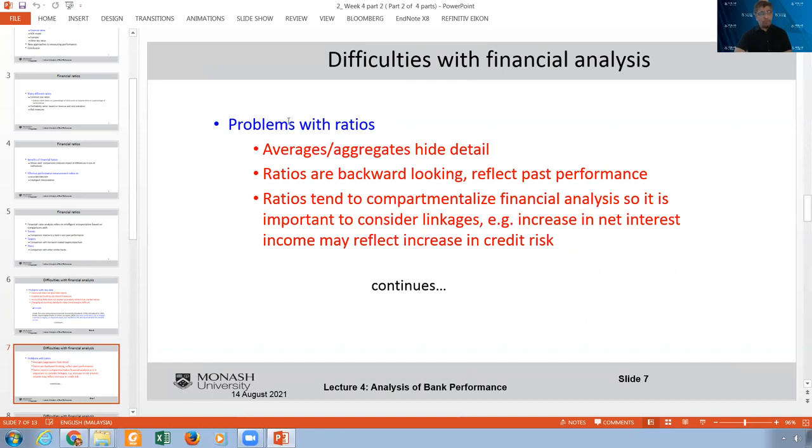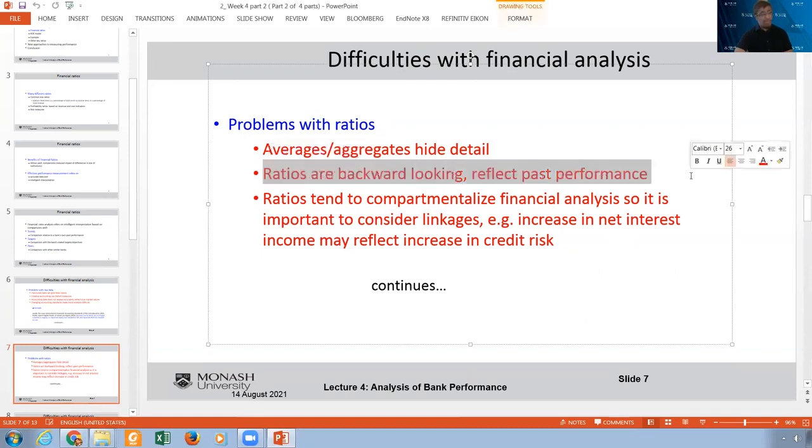Now, we have also another problem with ratios. We have the averaging. It can hide details. And one very obvious thing which we don't look at, actually, when we make the ratio analysis, we are not interested in looking at the history. The history is gone. But we think that if we make the ratios, we did very well, that's fine.